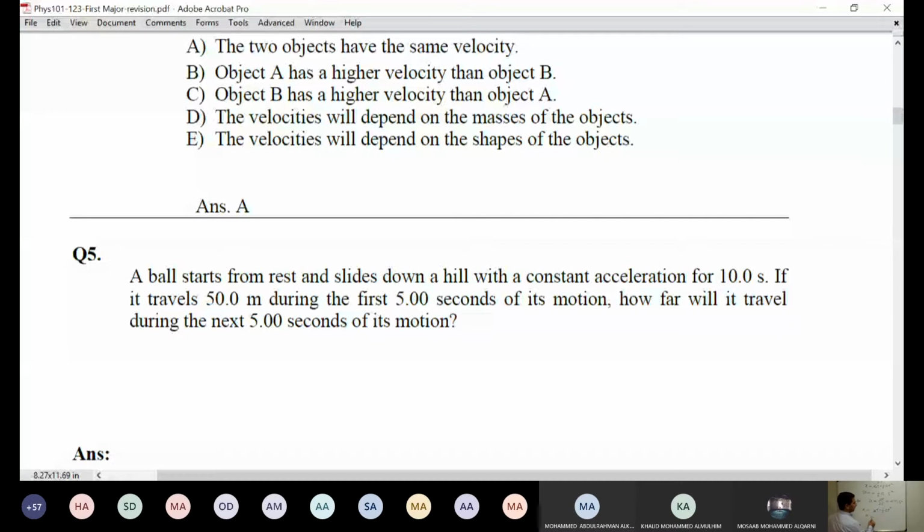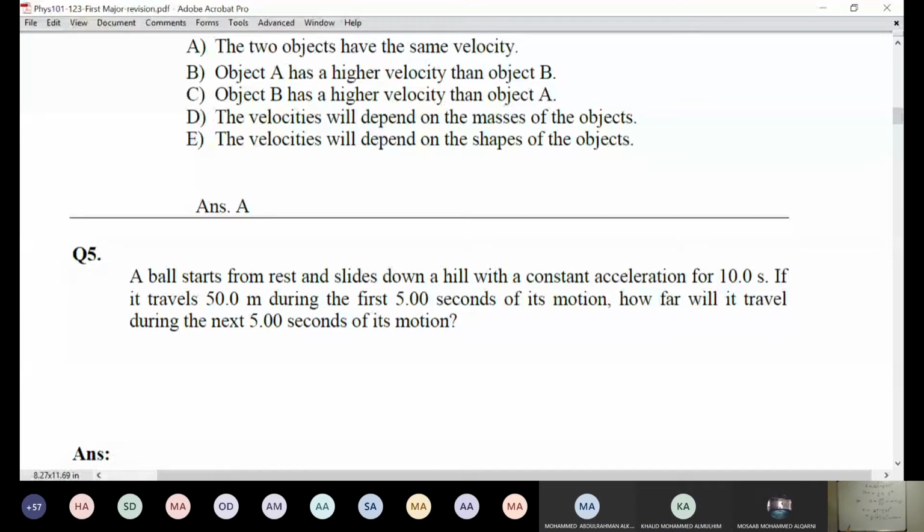And now I know the acceleration, I put in 4. And here the total time for which it was traveling was 10 seconds. So I put 10 seconds and square it. So it will be 2, and then this is giving me 100. So in total, I got 200 meter, the total length.